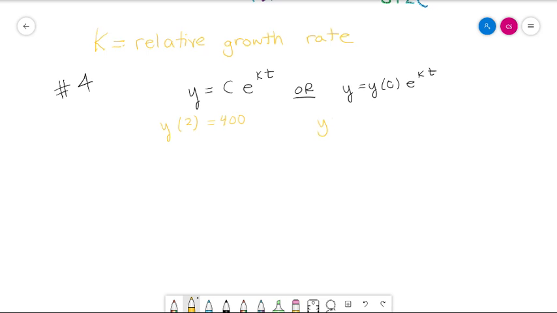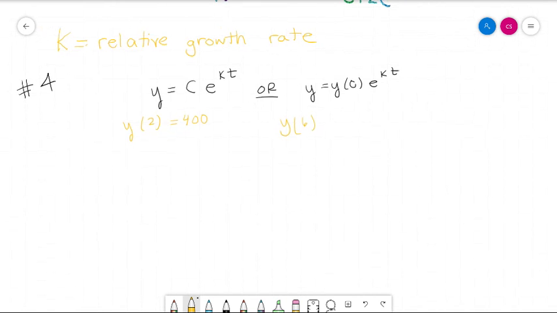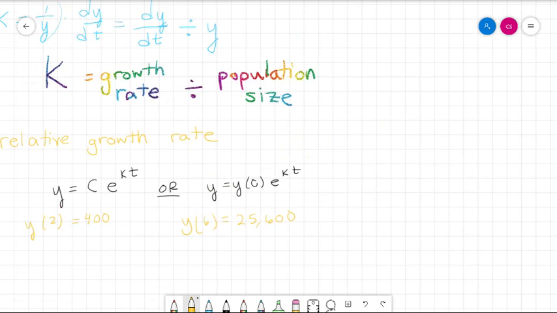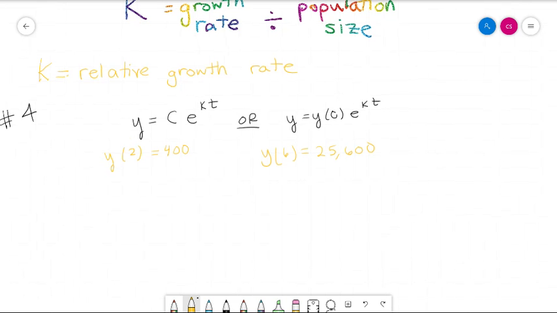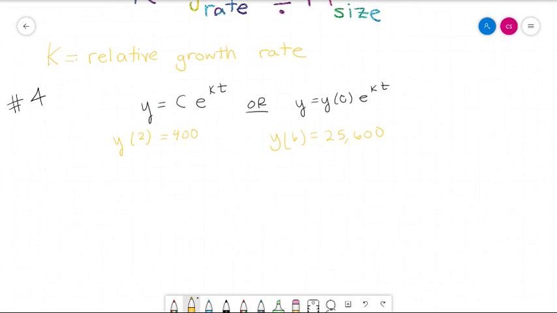And then after 6 hours, there's 25,600 bacteria. And so our job is to find K, the relative growth rate. And then after we find K, we're going to find C, the initial population.